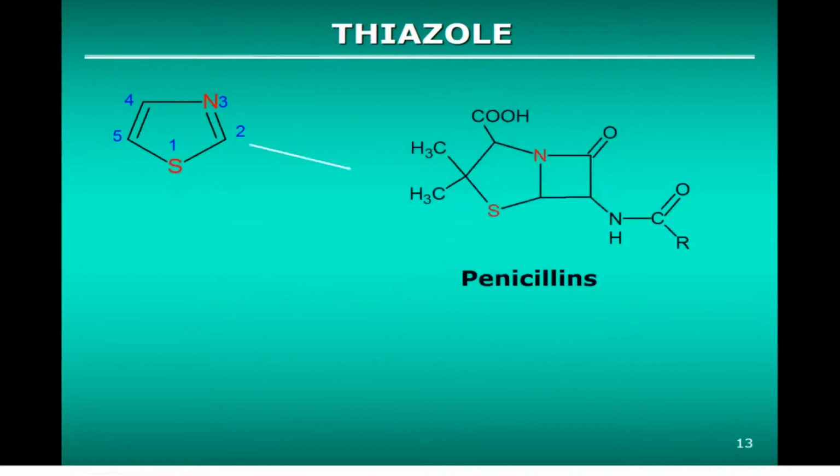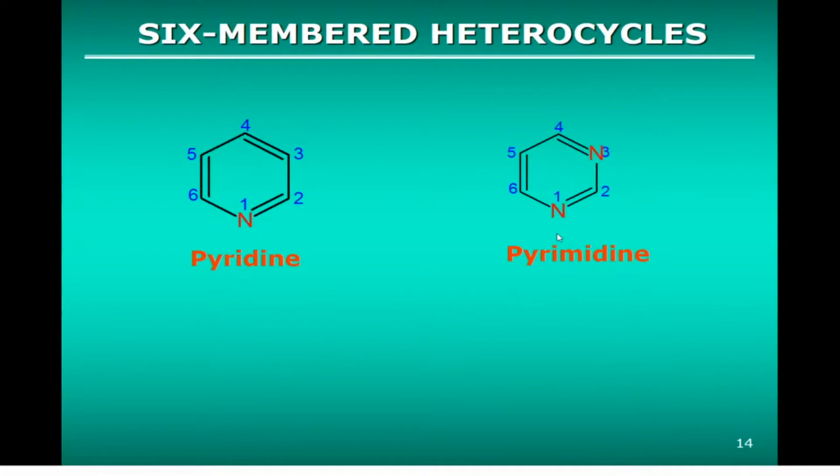So thiazole is a structural unit of some antibiotics, for example penicillins. Together it's a condensed cycle, as you see. Among 6-membered rings, there are nitrogen-containing ones and oxygen-containing ones; you already know it's gamma-pyran or alpha-pyran.